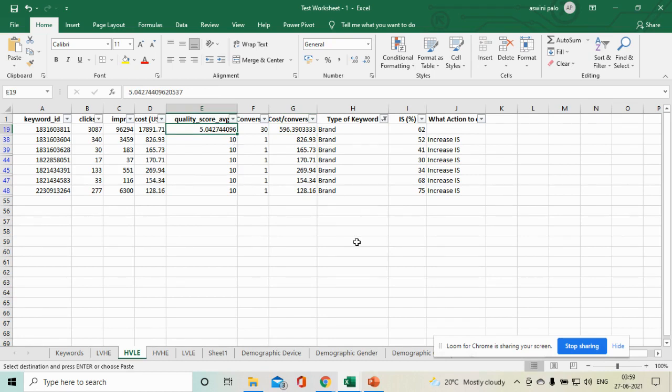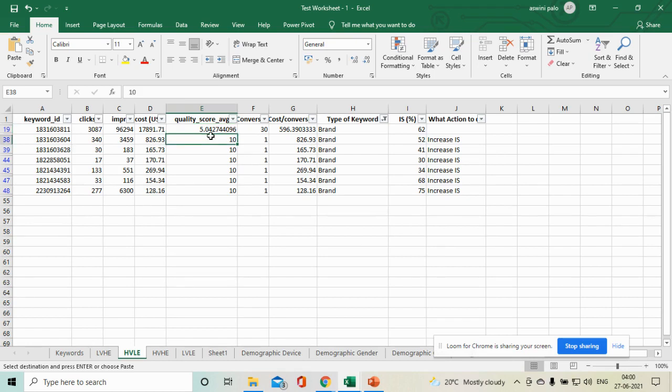Now in order to increase quality score, what all things should you do? Number one, you need to revise the ad copy. Just check what type of ad copies you have written. If you didn't write good ad copies, then try to improve them, and try to get the quality score to 10.